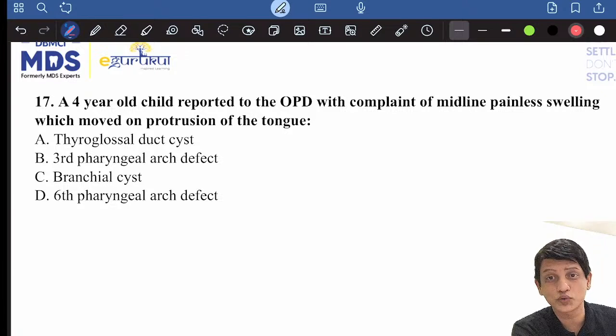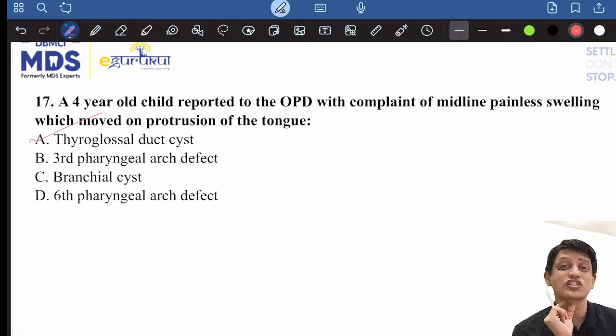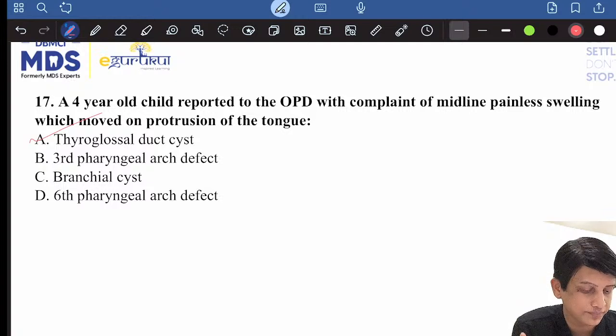Many swellings move with deglutition, but only one moves with protrusion of the tongue. Yes, correct. The answer is thyroglossal cyst. The thyroglossal duct is attached to the foramen cecum of the tongue. That's why a cyst arising from the thyroglossal duct will move with protrusion of the tongue, not other swellings.